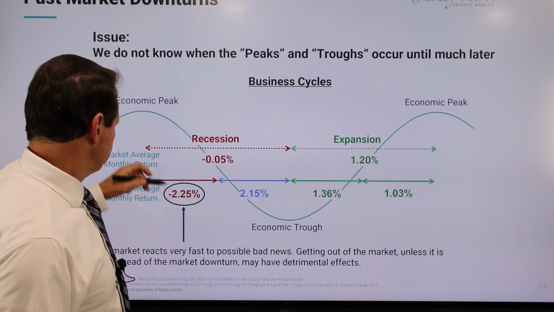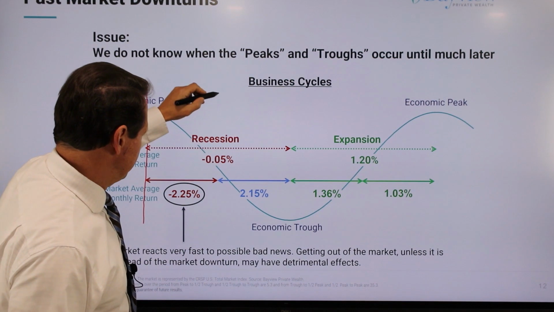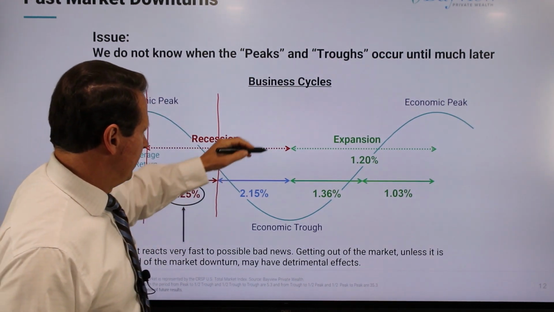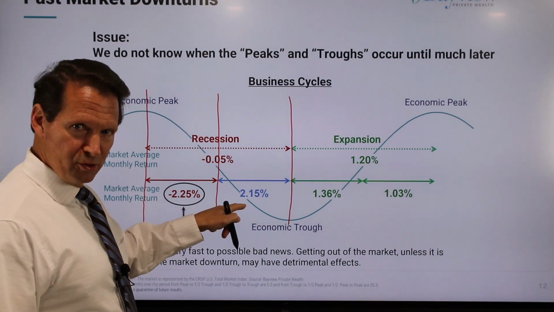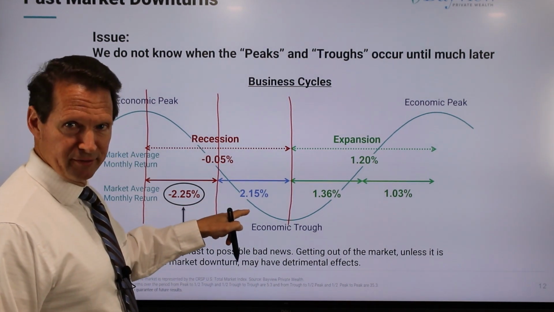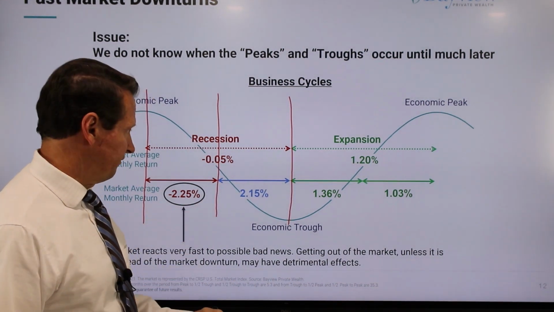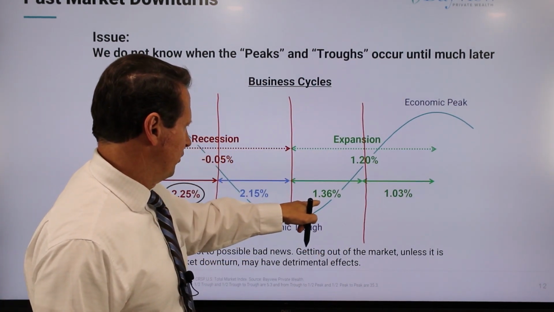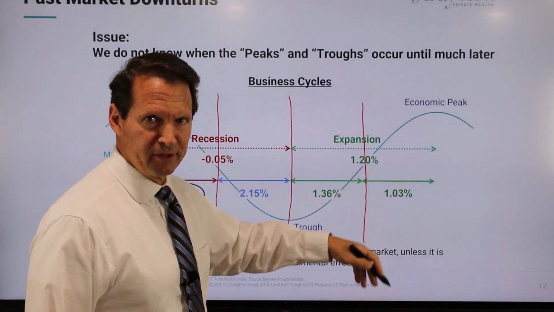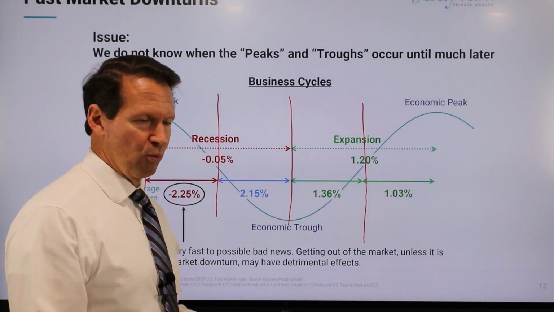Look at this. We went from here to here, minus 2, but look at this next 5-month period. We regain most of it because the average rate of return then is positive 2.15%. And then when we break down this period again, it's 1.36 and 1.03. And remember, the average of all of them is about 1.04.